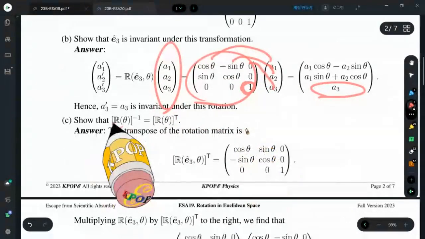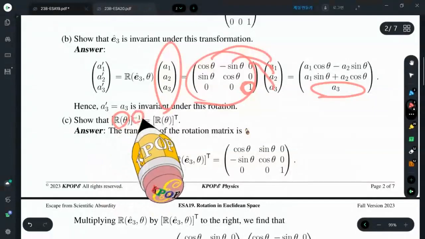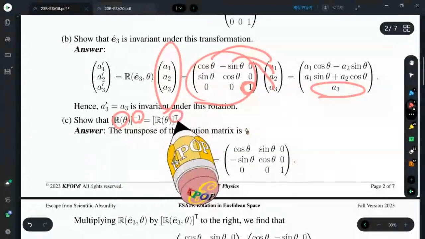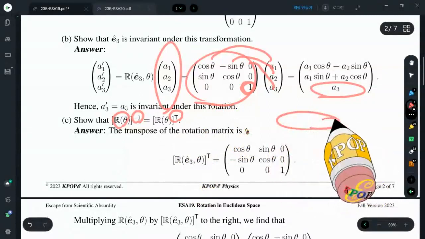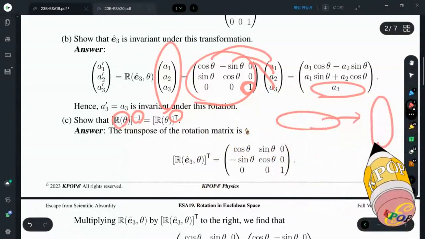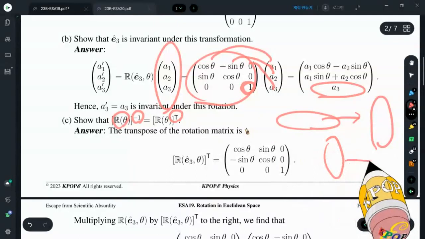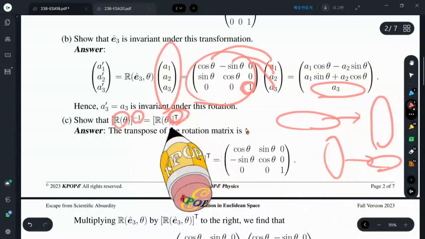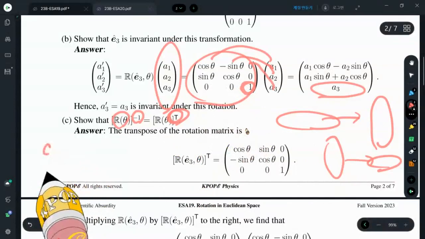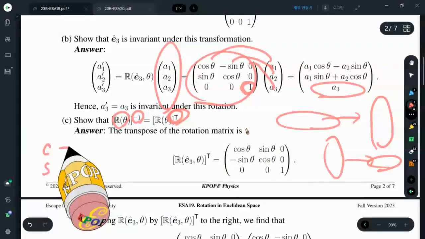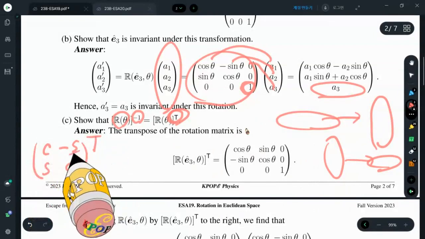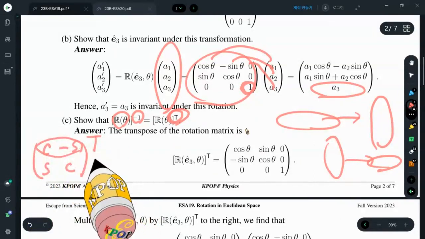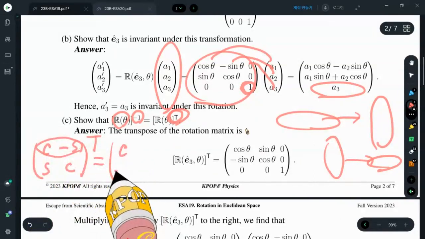Show that the rotation matrix inverse is nothing but the transpose. We remember exchanging a row into a column, and the column into a row is called transpose. If I write this one, the rotation matrix, transpose means copy this row into a column.